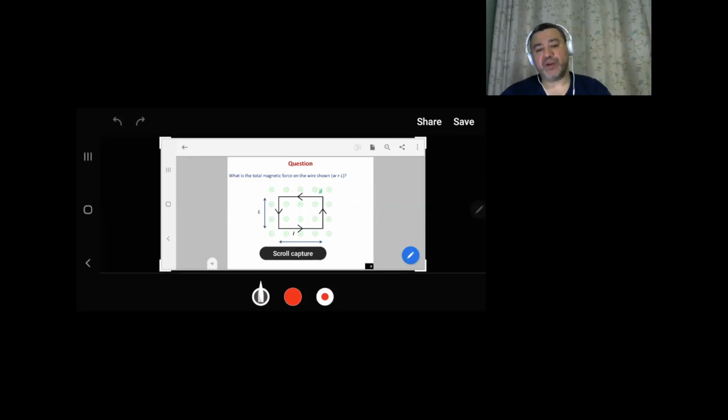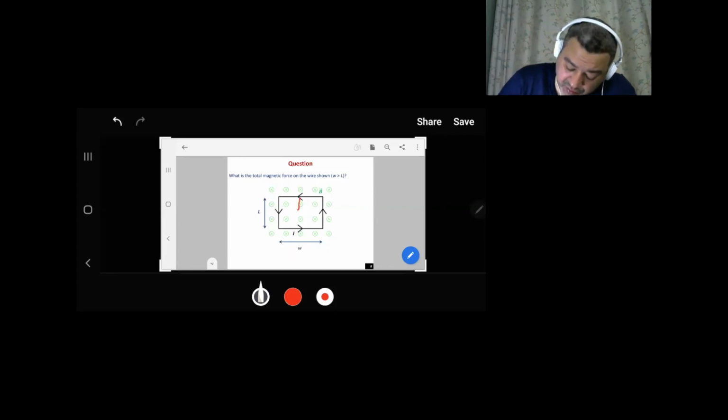If we apply the right-hand rule, our fingers define the direction of the current, and then our fingers have to curl toward the magnetic field. I rotate it this way such that my fingers curl toward the magnetic field, and the force for the upper wire here will be pointing downward. Let me call this one F1.